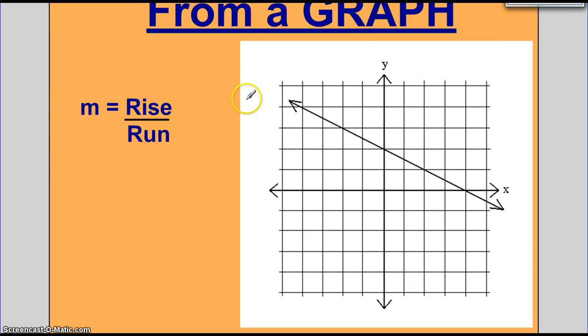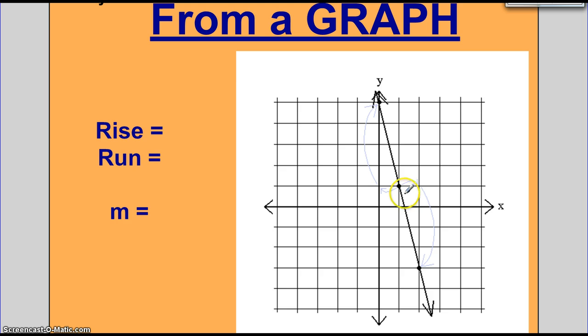When I take it from a graph, the rise over the run is my slope. So the rise is kind of the vertical change, and the run is my horizontal. So that's from left to right or right to left.